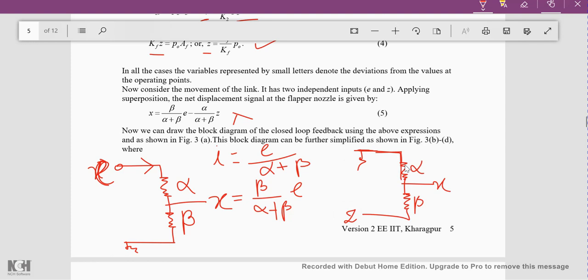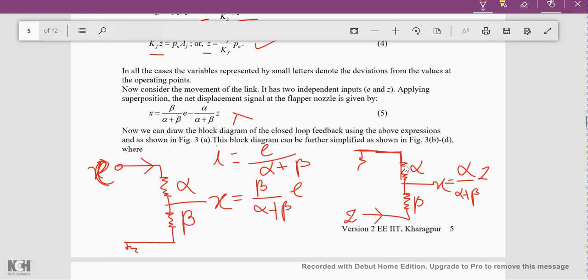The current is again Z divided by alpha plus beta, since this time the input is Z. Therefore X will be equal to alpha divided by alpha plus beta times Z. So this is what I am going to get for X here.